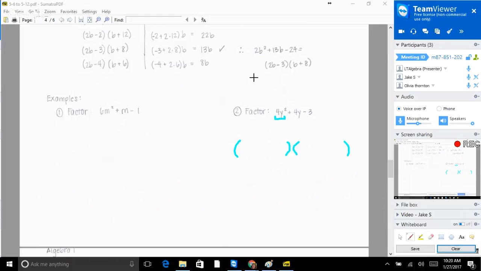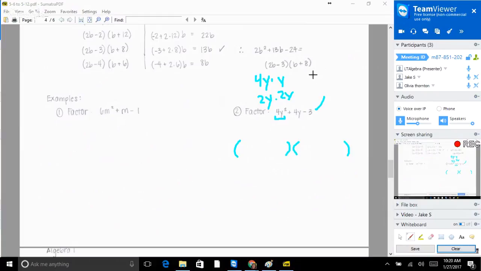So if we have 4y squared, that could be 4y times y, or it could be 2y times 2y, right? There's more than one possibility for how we can make 4y squared. So that's our first term. Then we go to our last term, which is negative 3.